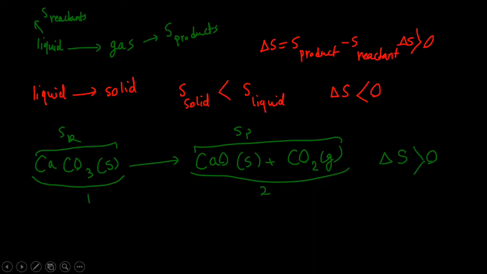Okay, right now I think you got some understanding about entropy. So we go back to Gibbs free energy. We learned that Gibbs free energy, or G, is equal to H minus TS, where G is Gibbs free energy, H is enthalpy, T is temperature in Kelvin, and S is entropy.